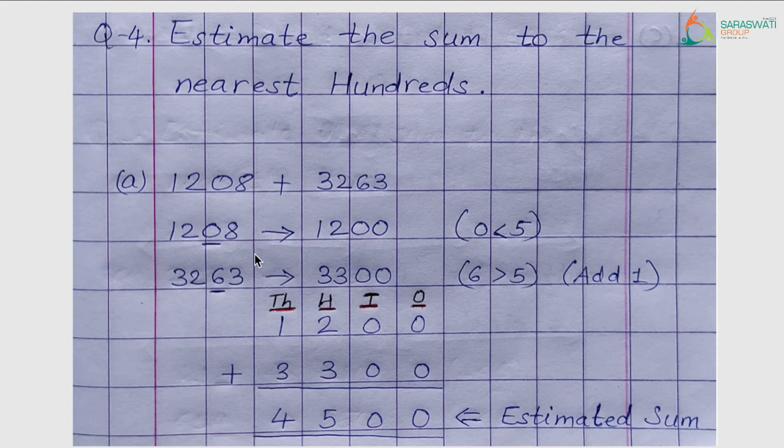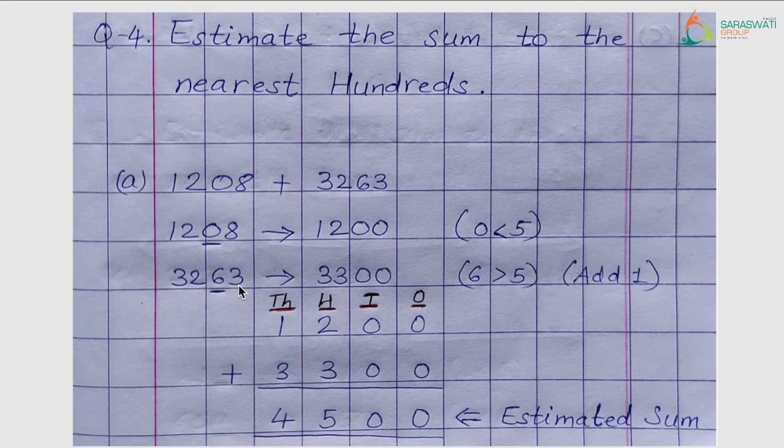So we will replace the last two digits with 0. So the rounded off number will have the last two digits 0, right? And the remaining digits before the underlined 0, 1 and 2, will remain as they are, right? So the rounded off number will be 1200, right?